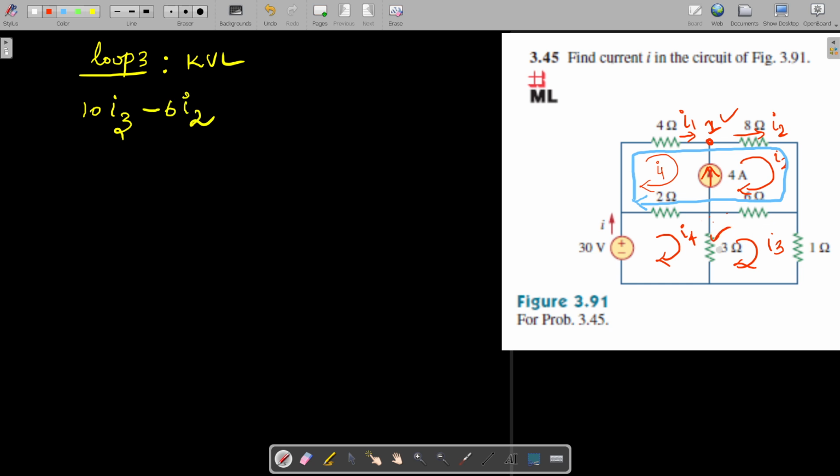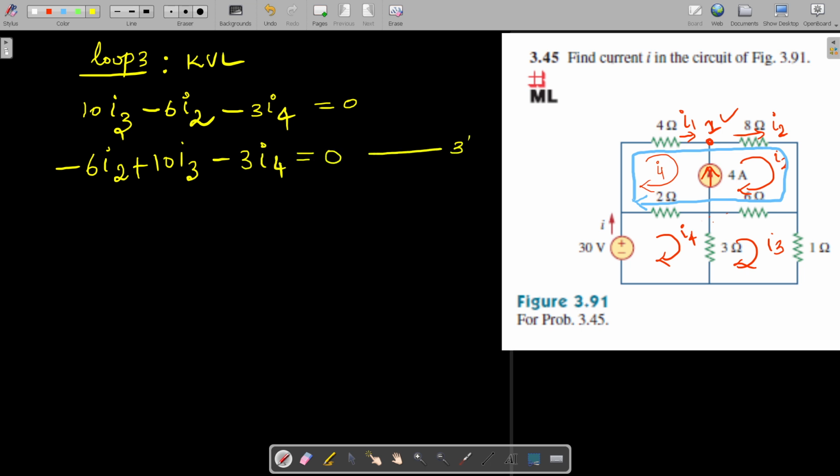This 3 ohm resistance is common to fourth loop also, so we can mark it as minus 3 I4. That is equal to 0. So rearranging this, we can write it as minus 6 I2 plus 10 I3 minus 3 I4, that is equal to 0. So this is our third equation.